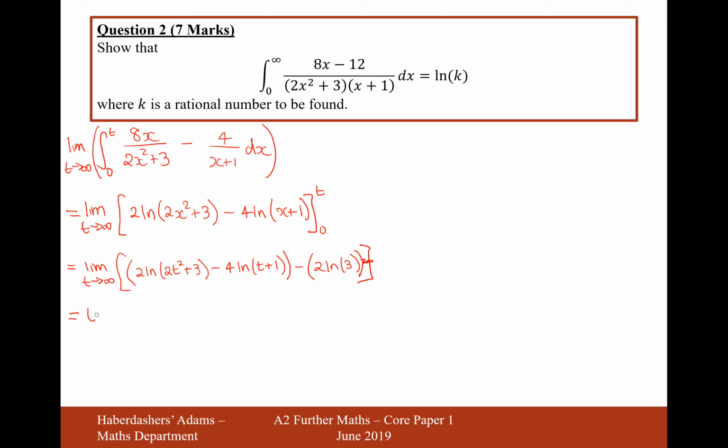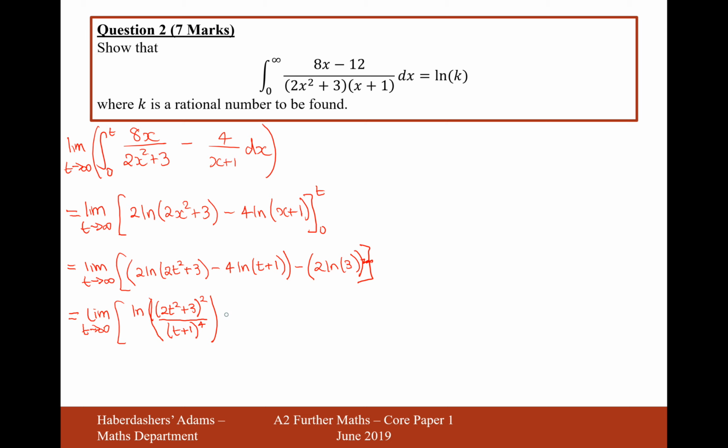Okay, so the next thing to do will be probably to combine these two limits with t in them. So it's going to be ln of (2t² + 3) all to the power of 2, to incorporate the 2 inside this ln, and then we're going to divide that by (t + 1) to the power of 4.